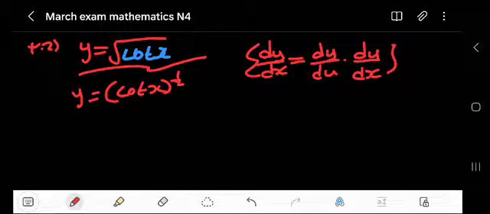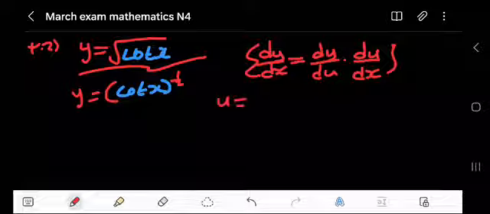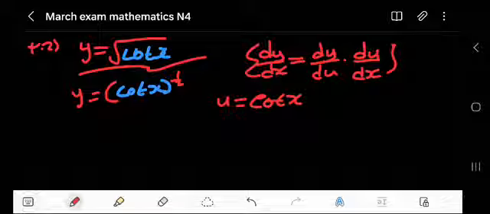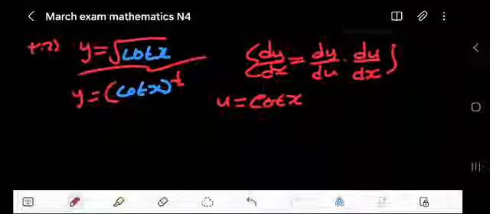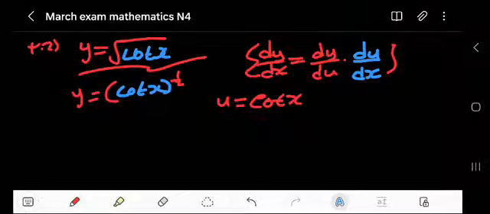So you can let u be equal to what is inside, let u be equal to cot x. Then we take du over dx.